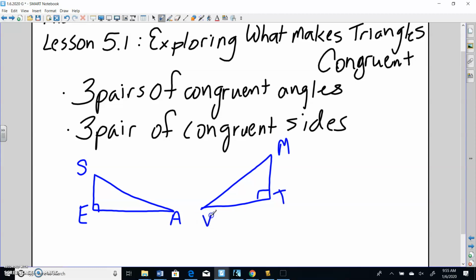MTV. Does that still exist, MTV? Kind of, sort of. So what we know is that we are given there's the two nicely drawn triangles, and then we're going to give this information. Triangle SEA is congruent to triangle MTV.